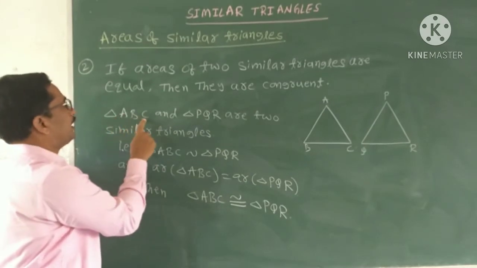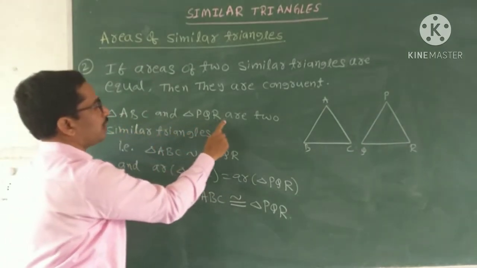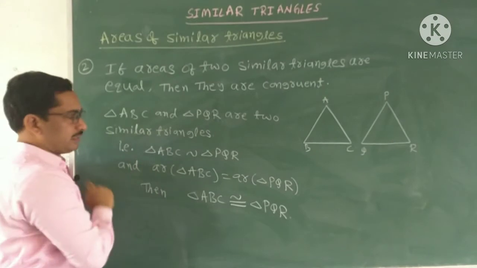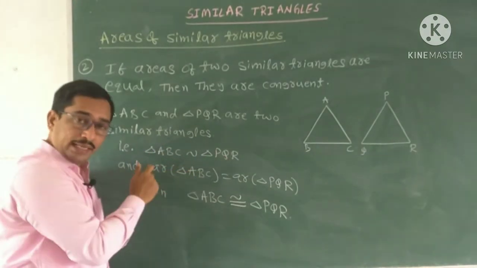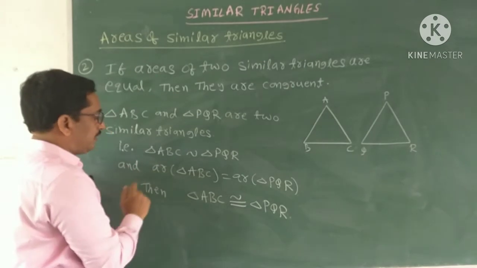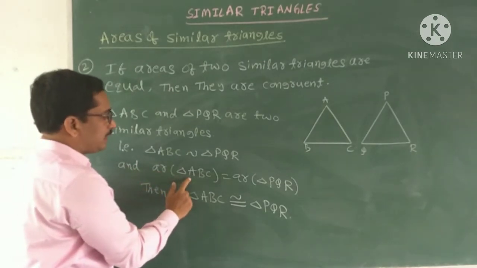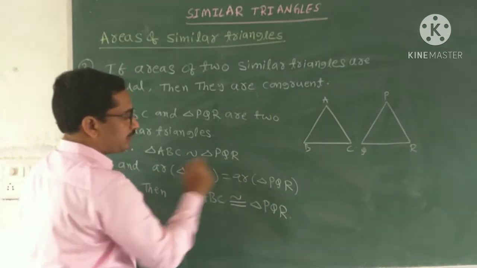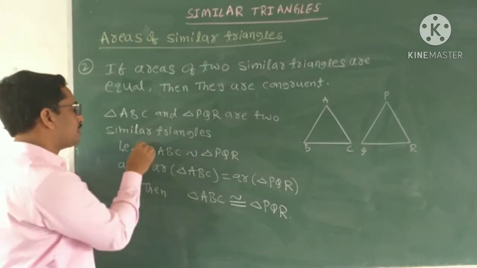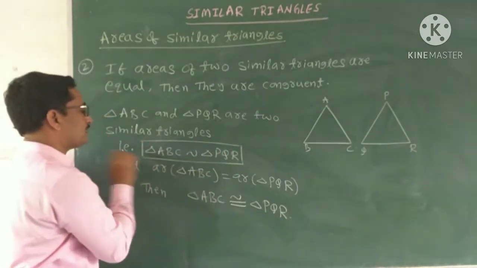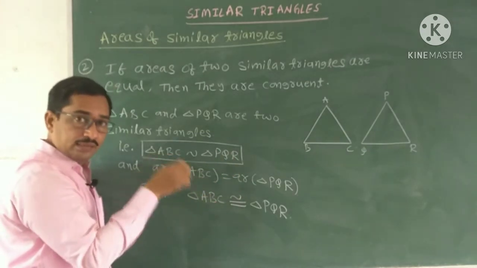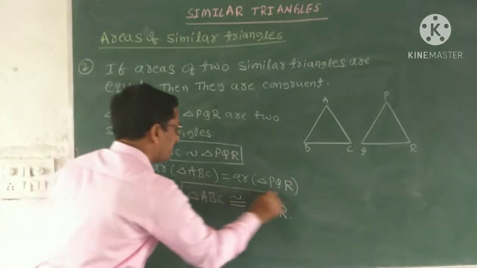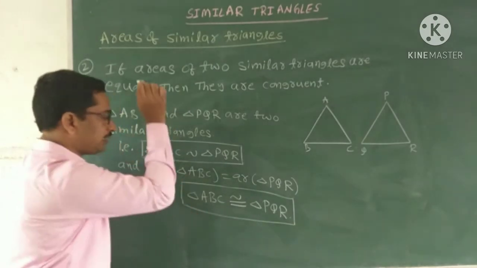Triangle ABC and triangle PQR are two similar triangles, that is, triangle ABC is similar to triangle PQR, and their areas are equal, meaning area of triangle ABC equals area of triangle PQR. First of all they are similar triangles and their areas are equal, then the given two triangles are congruent.